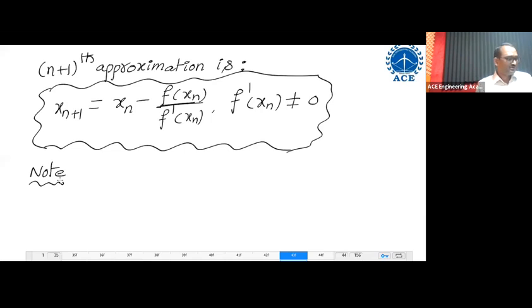Note, write down. Here also we can find both real and imaginary roots.